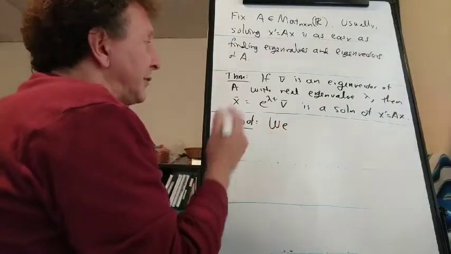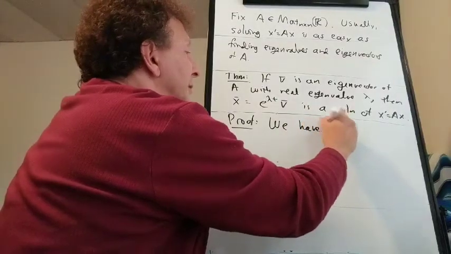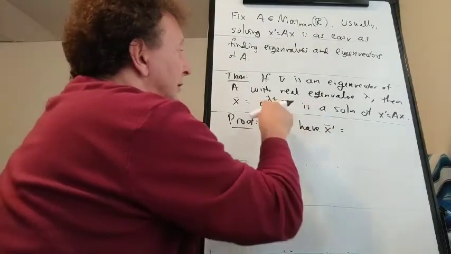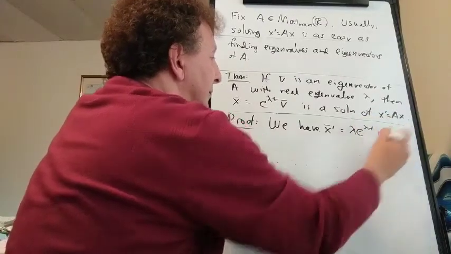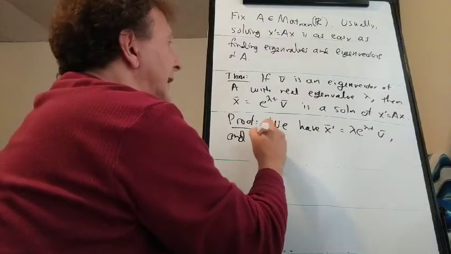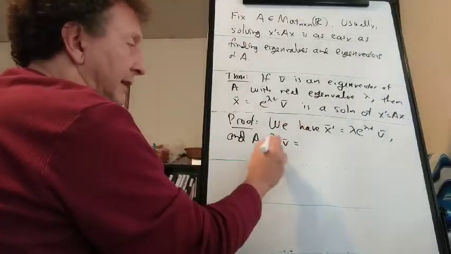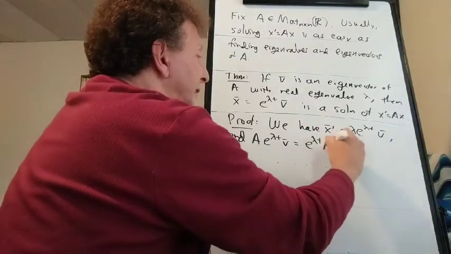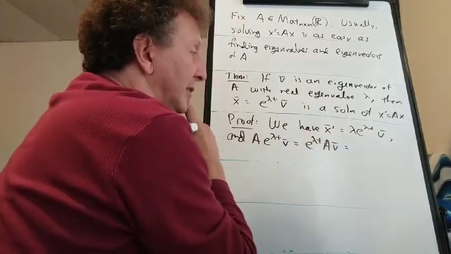So this is sort of easy to see if we just plug and chug. So we have x prime, the derivative is going to be, v is a constant vector, so all we have to do is look at this function really, lambda e to the lambda t times this vector. And A e to the lambda t v is, now e to the lambda t is just a scalar, so we'll take that out, e to the lambda t Av, but v is an eigenvector, so that means Av is a multiple of v.